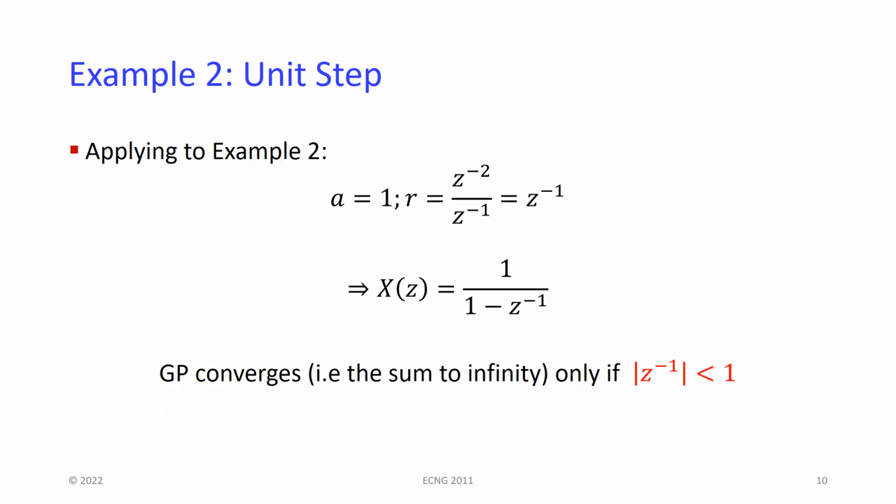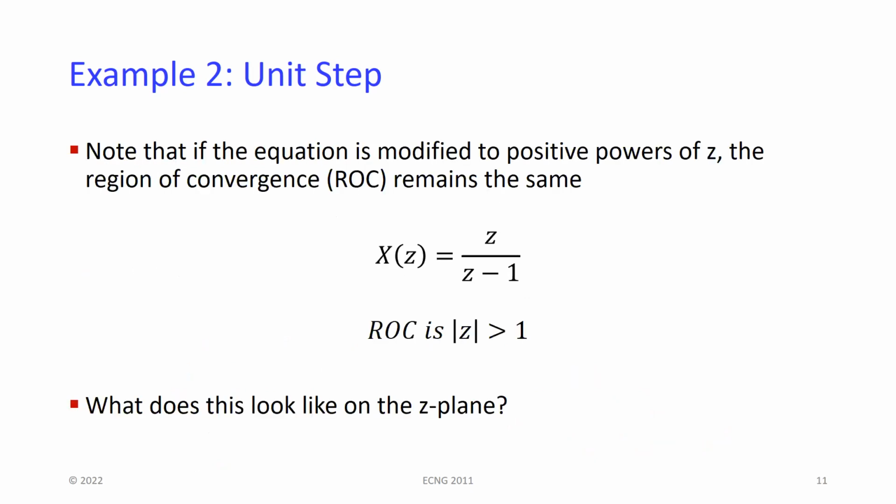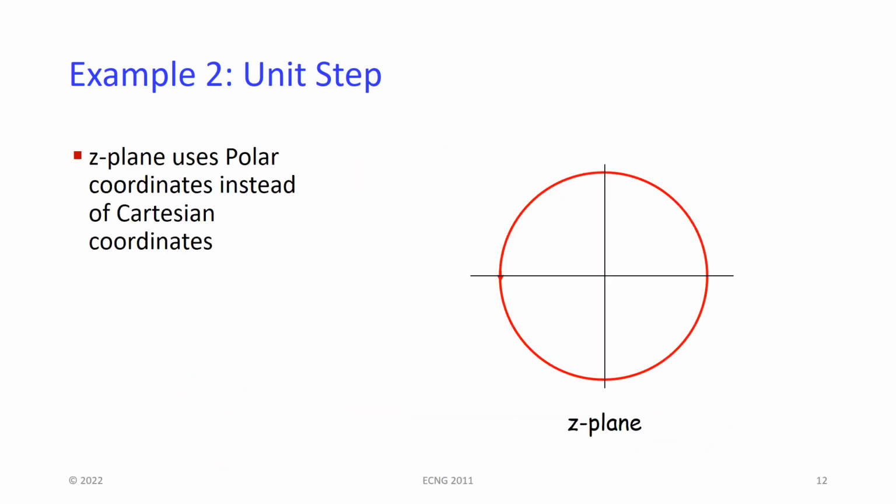If we apply that here, we found that the region of convergence was a particular zone that we call the unit circle, a circle of radius 1.